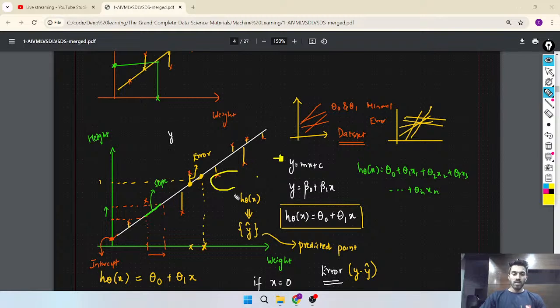By coming to this outlier point, your line will be shifted like this. Because of only one outlier, your line will be looking like this. So it is impacted by outliers.